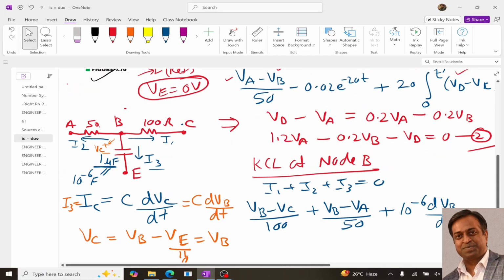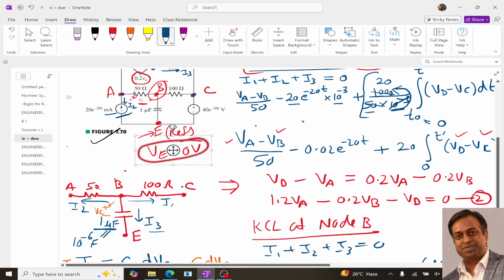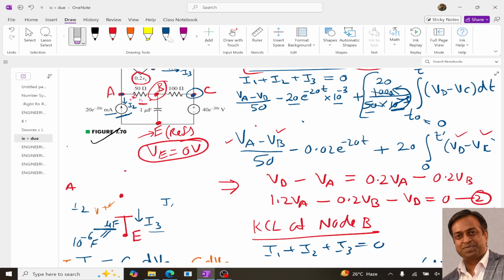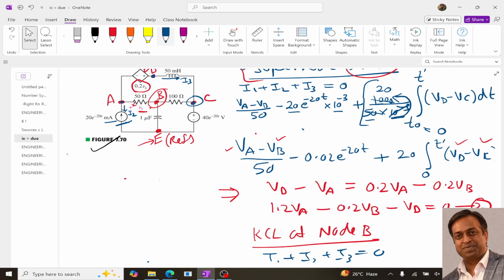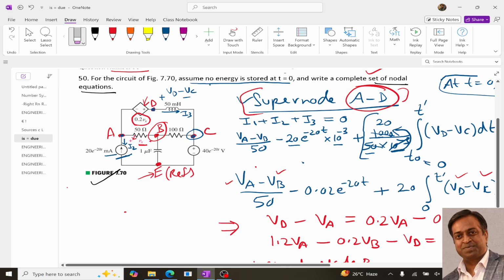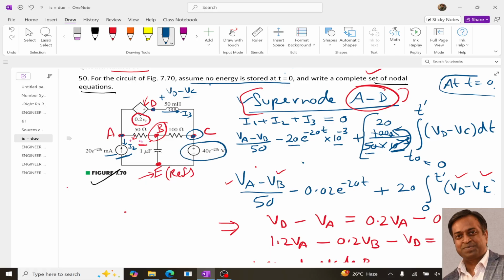Now coming to the fourth one, the node C. If you look at node C, we do not need to write anything. Why? Because node C is connected to a voltage source. If this voltage source is Vs, then Vs equals Vc minus Ve.